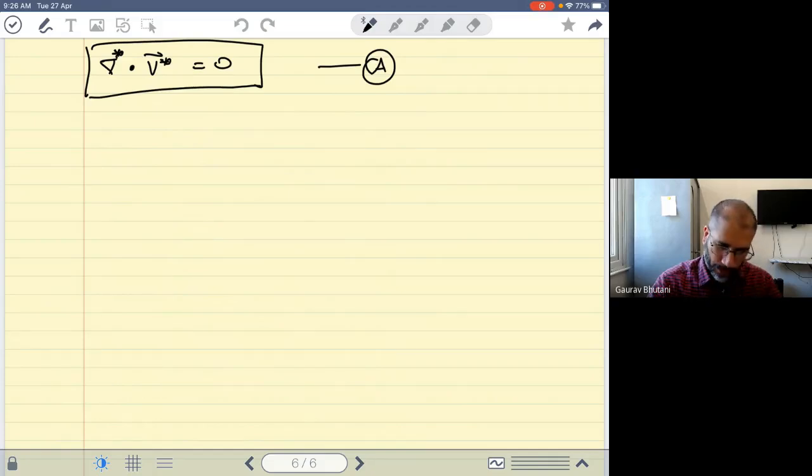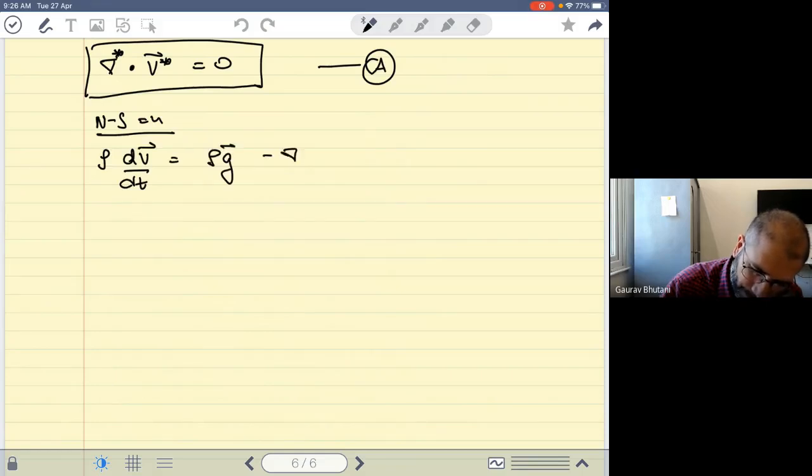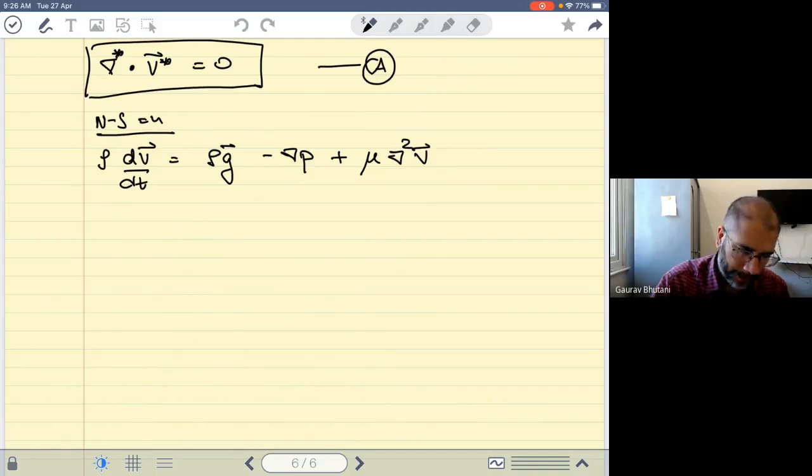Next, we have to non-dimensionalize the momentum equation, or the Navier-Stokes equation. Let's do it term by term.